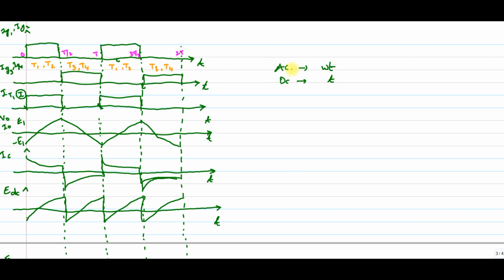If your input is AC, your time period is 0, pi by 2, pi, 3 pi by 2, 2 pi, like this. If it is only t, it should be 0, T by 2, T, 3T by 2, 2T. Please don't confuse, it is a very simple concept. Based on your input you have to deal with it.